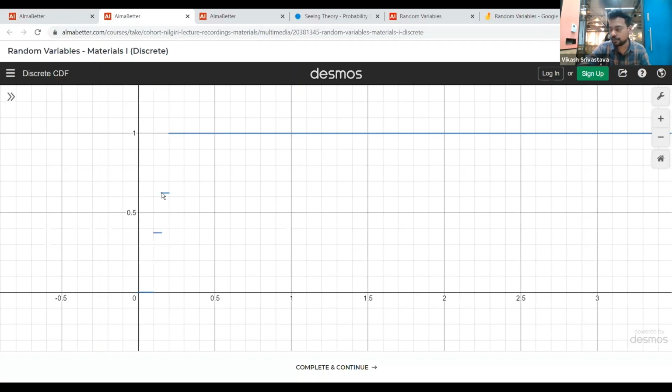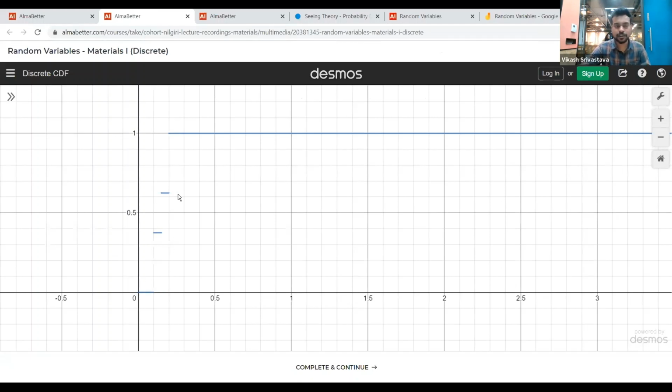And then if the value is between 0.15 and 0.2, the CDF probability will be 5 by 8, right? And then if X is taking the value 0.2, so remember, this is 0.2, it's taking the value 1 for all the values greater than or equal to 0.2, right? So in this case, it's taking only discrete values, so there are steps here. This discrete cumulative distribution function is an example of a step function for this particular experiment, right?